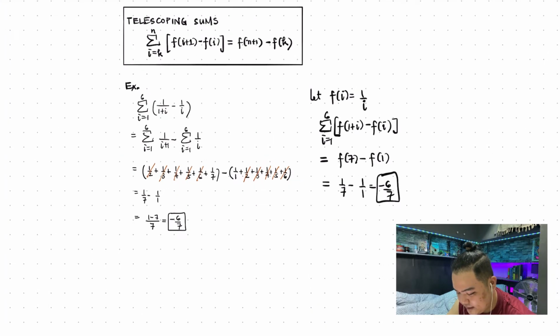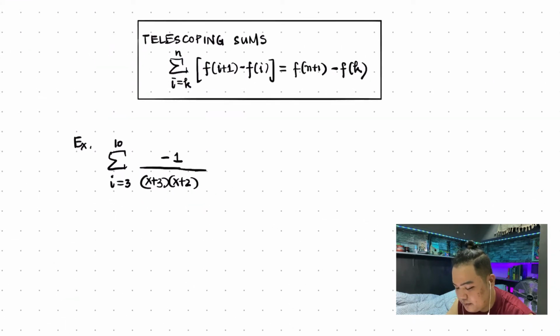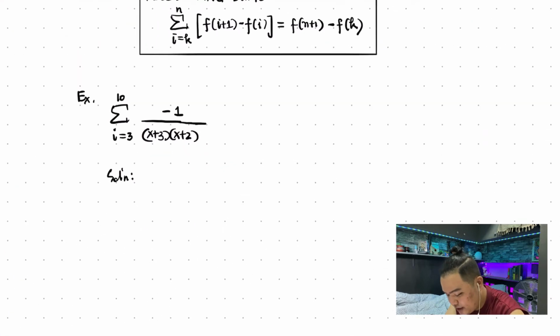Yes. Ito hindi siya masyadong obvious. Pero telescoping sums yan, pwede mong paghiwalayin. So, itong fraction na to, paghihiwalayin natin siya. Paano ba ito paghihiwalayin? We can actually use partial fractions. Negative 1 over x plus 3, x plus 2. Dapat masulat mo siya as ganito.